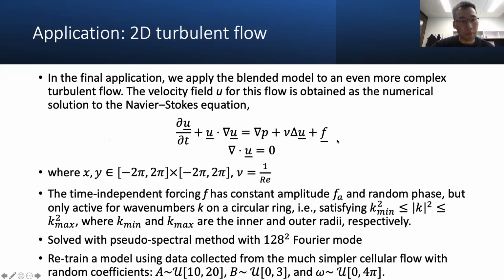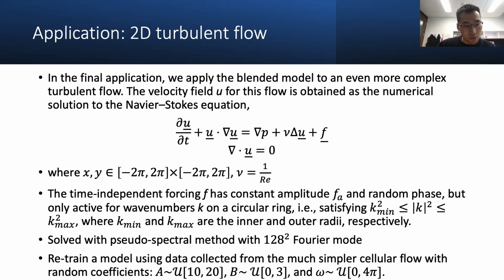So lastly, they apply their trained model to a 2D turbulent flow case. I think this case is very standard. They are solving this equation using the pseudo-spectral method with 128 Fourier modes.